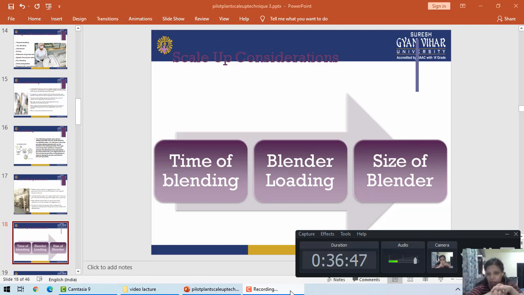Now blender loading: how much load the blender can take, depending upon its capacity. We can load 70% of the blender. Size of blender: either we can use a small size or a large size. All these things depend upon the type of product we are manufacturing. So that's why the scale up consideration involves these three things.